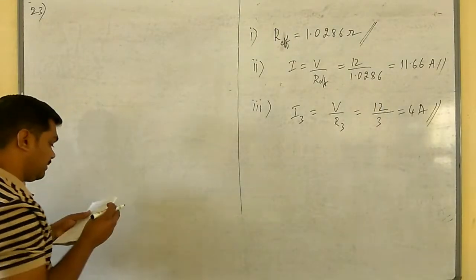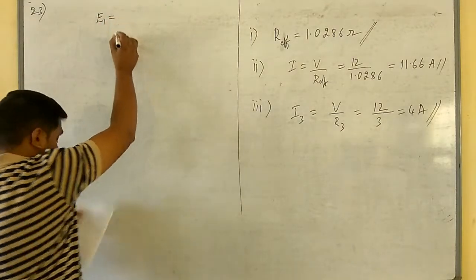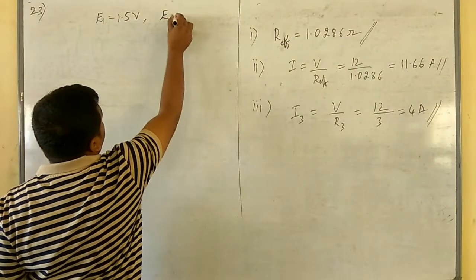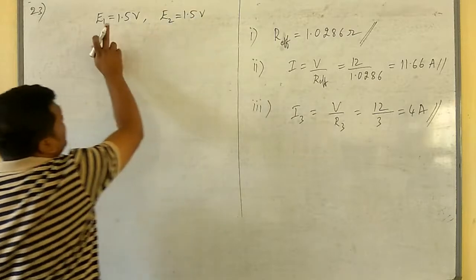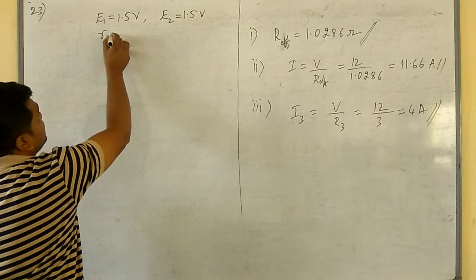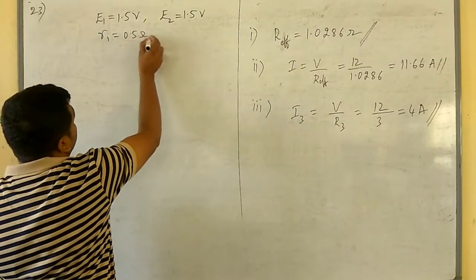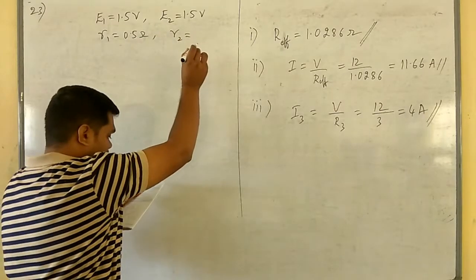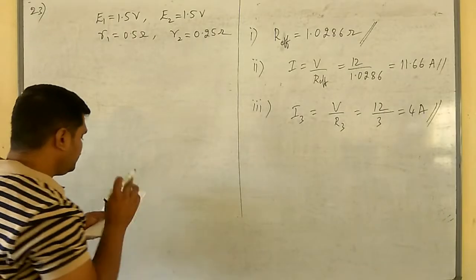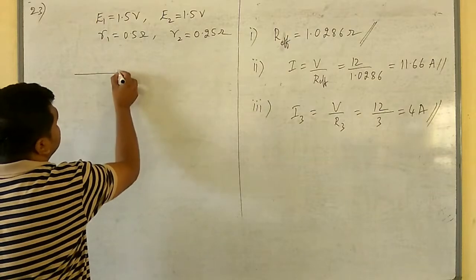Okay, as they have given, let us consider two cells. Say for example E1, the value is 1.5 volt. For E2 also 1.5 volt. You may call them as EA and EB, no problem. Okay. R1 is given as 0.5 ohm and R2 is 0.25 ohm. Okay. Two cells A and B are connected in series. Let us connect them in series.